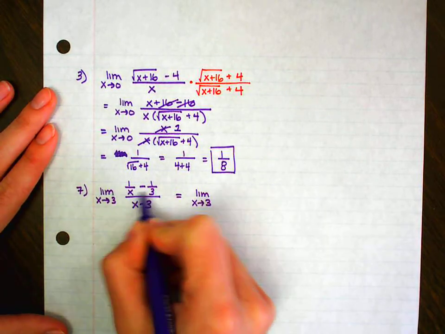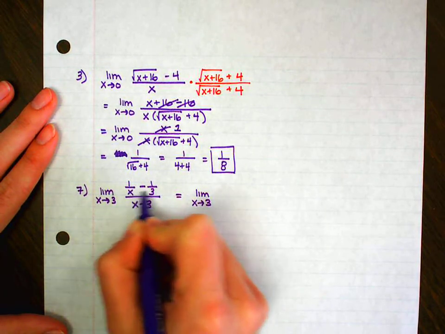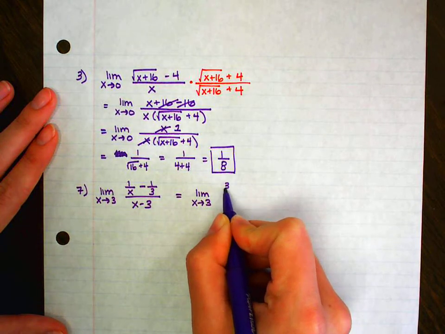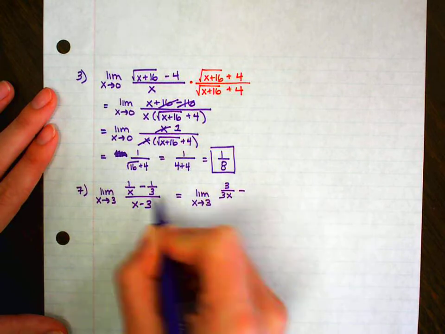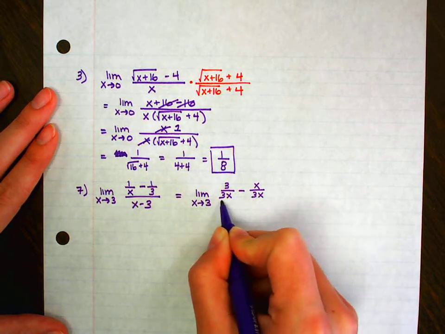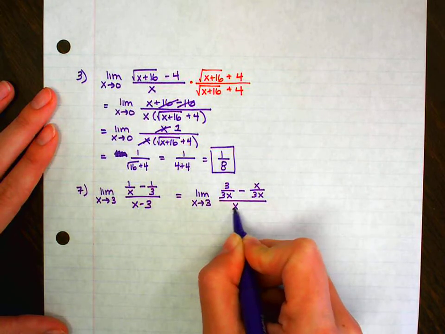So I'm going to need 3x for my common denominator. I'm going to multiply this by 3 over 3, and I'm going to get 3 over 3x. And I'm going to multiply this by x over x, so I'm going to have x over 3x. And then I still have an x minus 3 in the denominator.